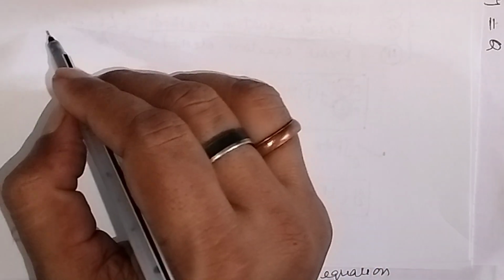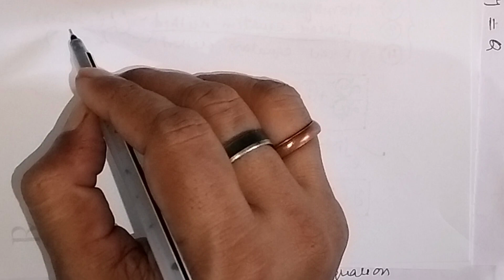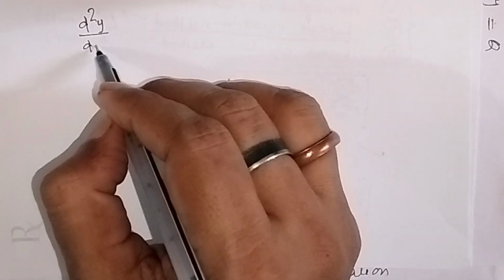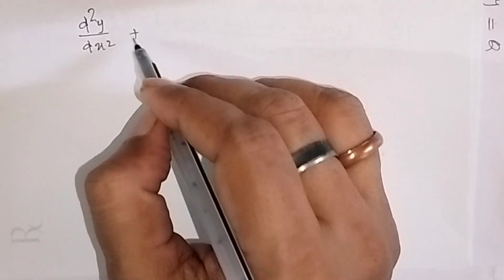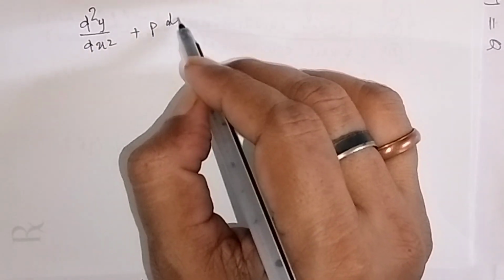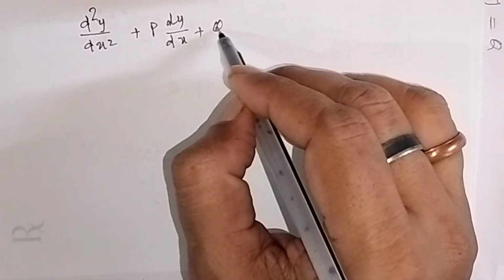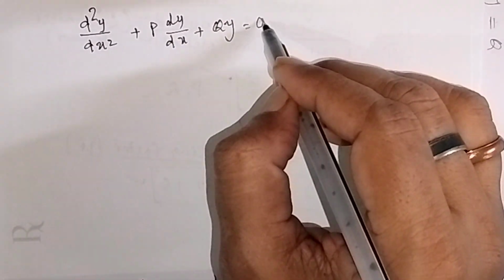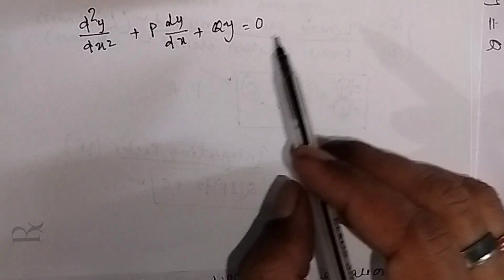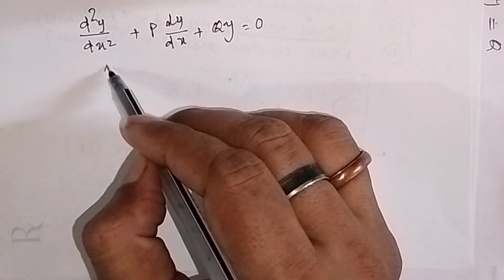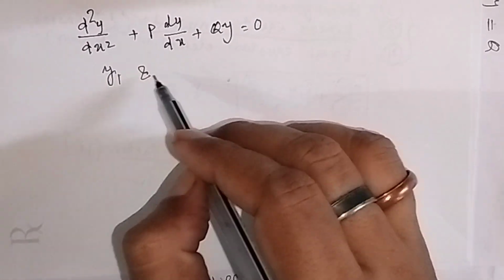The next question is, how do we find the Wronskian of a given differential equation? Suppose you have the differential equation: second derivative of y with respect to x plus p dy by dx plus q times y equals 0. This is a second order differential equation. Suppose the two solutions are y1 and y2.